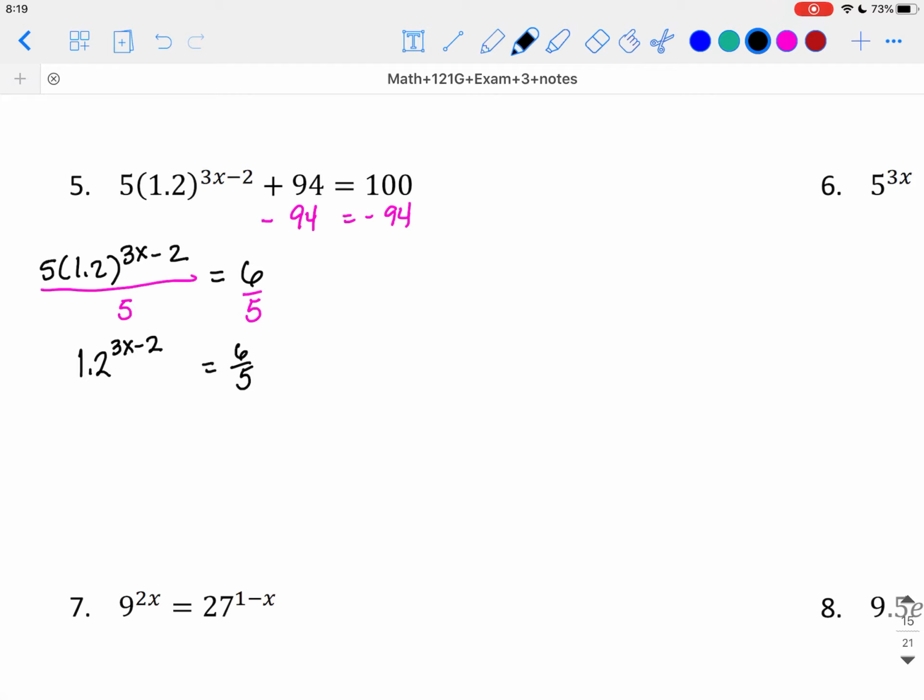So I've isolated the base and its exponent. The base is 1.2, so to get rid of the exponent, again, I'm going to take the log base 1.2 of both sides.